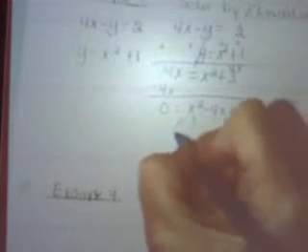Let's solve this quadratic equation by factoring. Because my factors of x squared are x and x. My factors of 3 added together have to be -4, so I'm going to say -1, -3. So I'm going to have 0 equals x minus 1 times x minus 3. This is now in the form a times b equals 0.